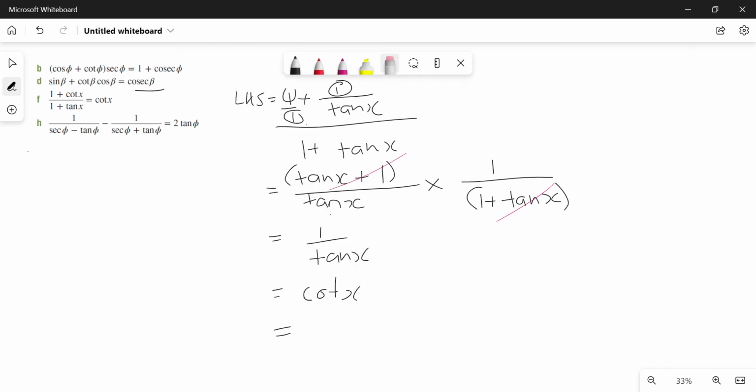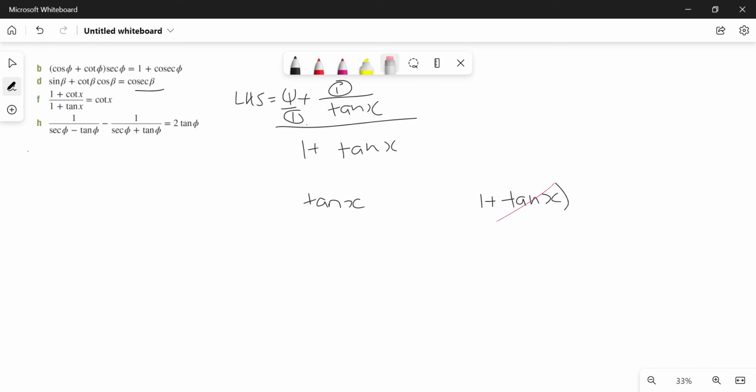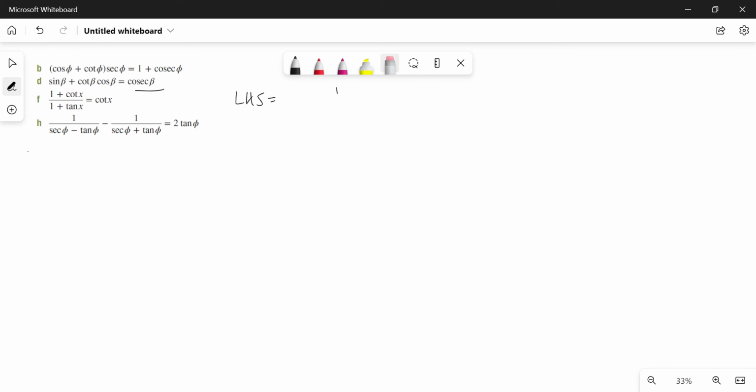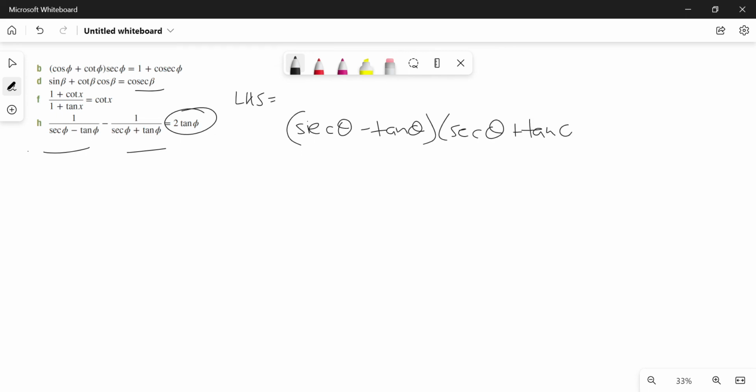Okay, and H. So again, H, we did this in class. So we've got two separate fractions, and we only want one thing. So what we'll do is make a common denominator. I'm going to change it to theta because I can write that better. So we've got sec theta minus tan theta, and for the common denominator, we'll just times it by the other one, so sec theta plus tan theta.